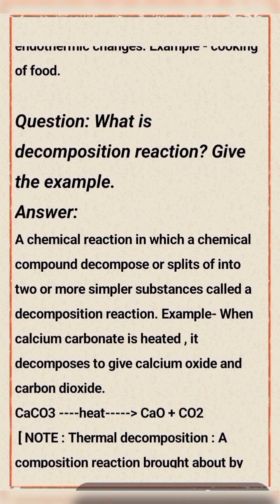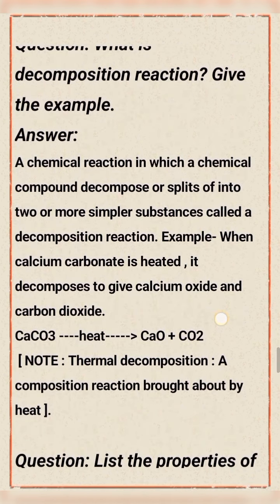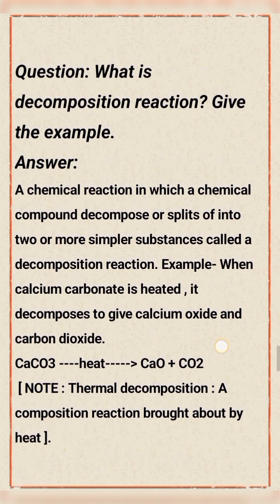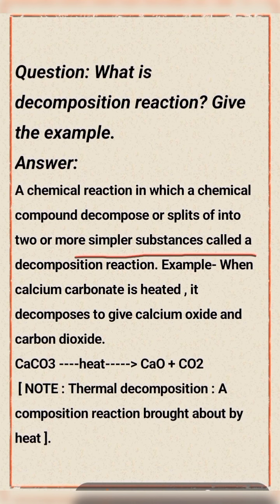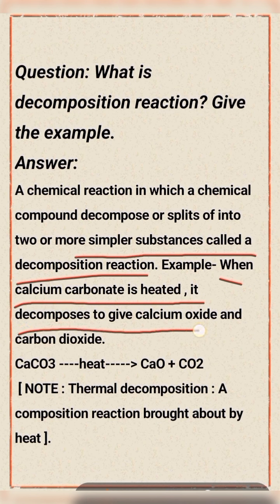Give an example. Okay. Now, a chemical reaction in which a chemical compound decomposes or splits into two or more simpler substances is called a decomposition reaction. Example, when calcium carbonate is heated, it decomposes to give calcium oxide and carbon dioxide.